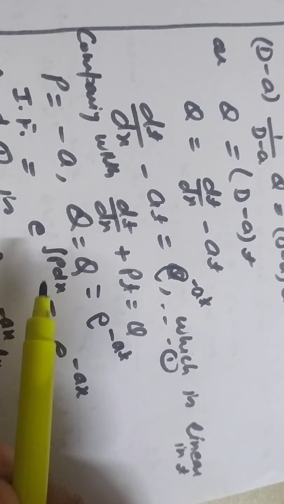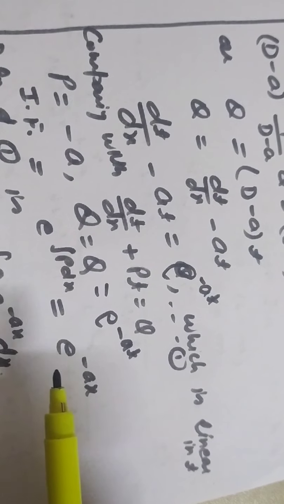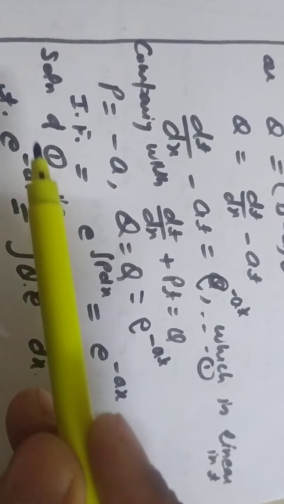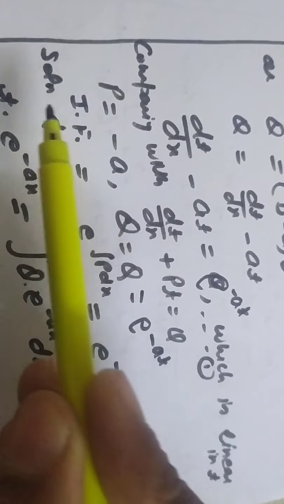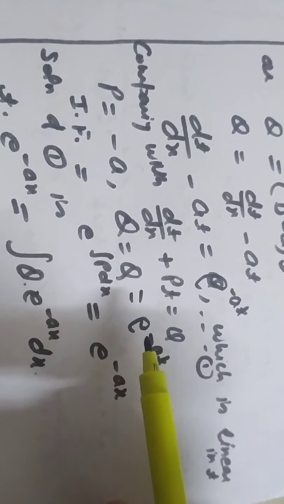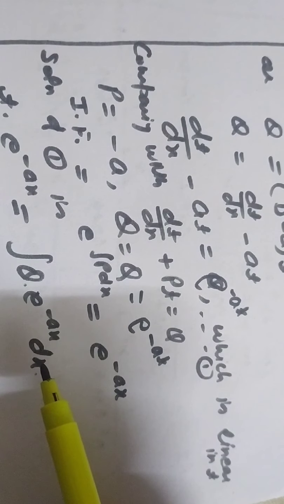What is p here? p is minus a, and when you integrate, you will get e raised to minus ax. Now the solution of this equation will be t, the dependent variable, into the integrating factor, is equal to integration of q into e raised to minus ax dx.